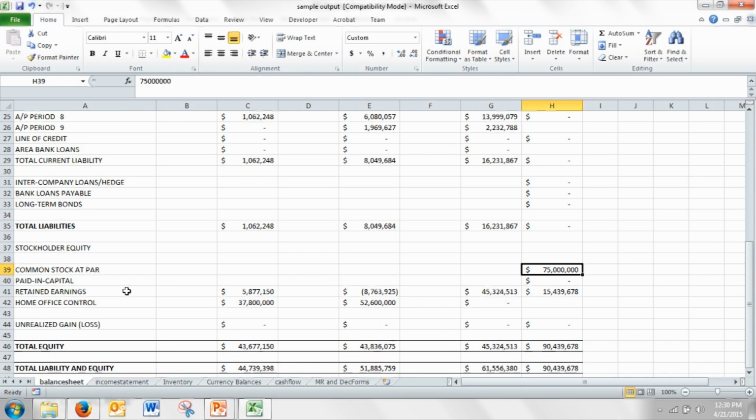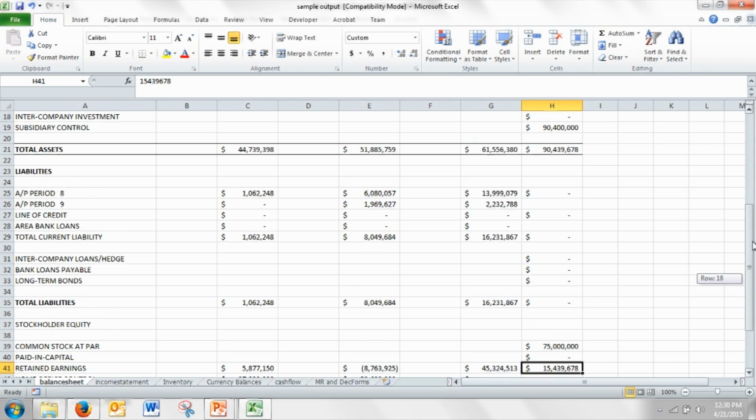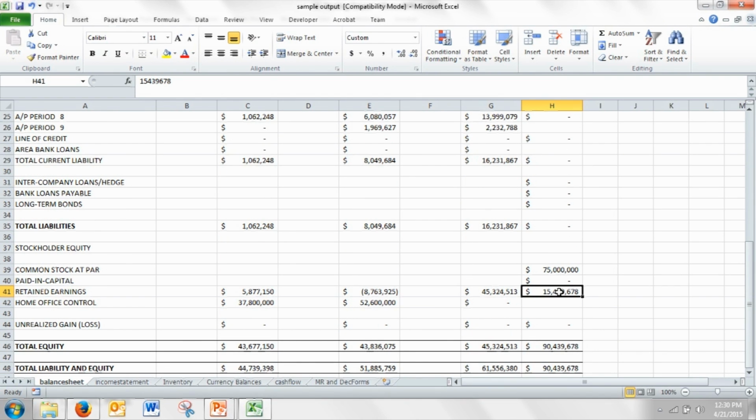They have their retained earnings here. So you can see they have positive retained earnings in area 1, not doing so well in area 2, doing very well in area 3, and some positive earnings here in home office, likely due to some transfers of retained earnings back from other areas.